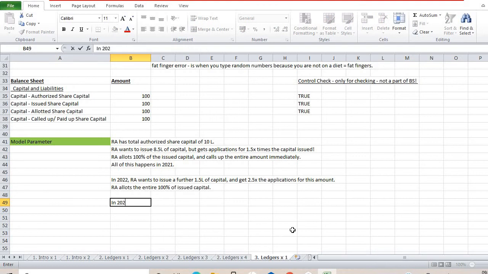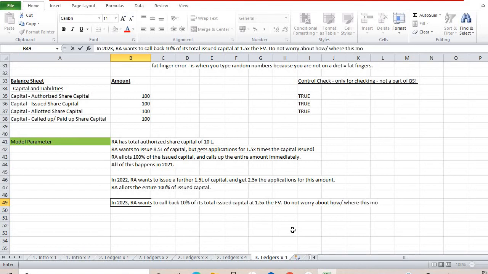In 2023, RA wants to call back 10% of its total issued capital at 1.5x the face value. Do not worry about how or where this money is coming from.